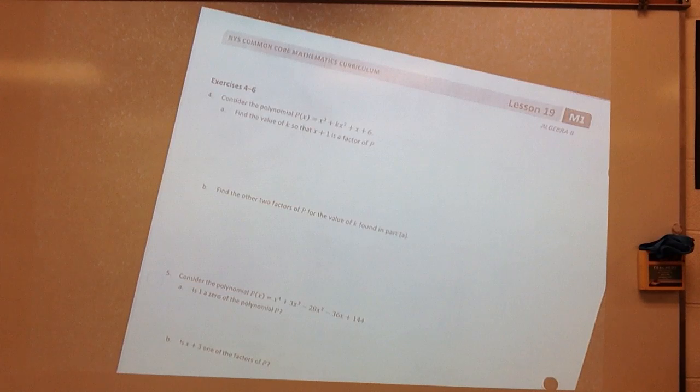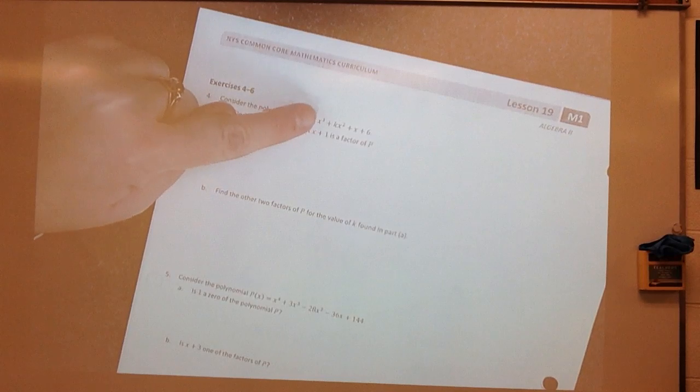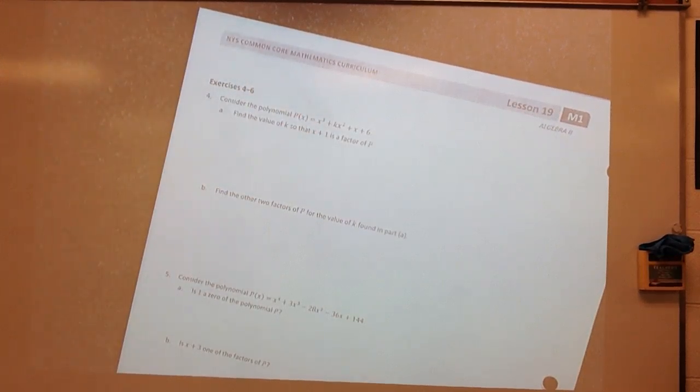So let's figure out why. Why would the remainder have to be 0? I could plug negative 1 in for x, but the only problem is I don't know what k is to go from there. Alright, so I want to divide by x plus 1.